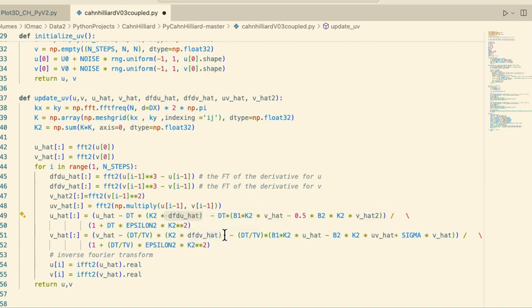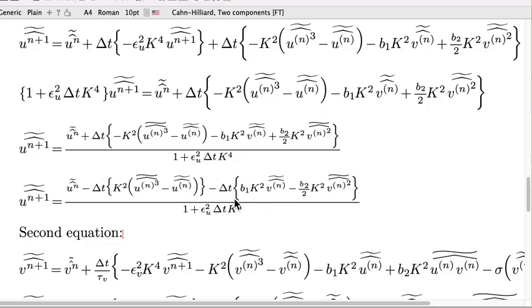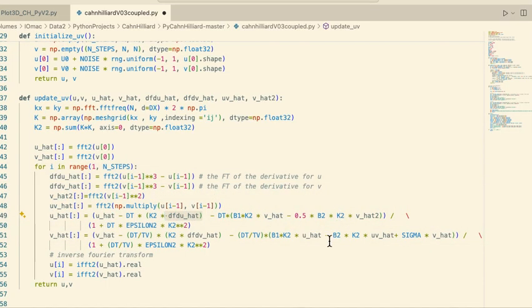The remaining part is dt multiplied by b1, this term here, and then another term, half b2 k squared b hat squared. And this is the upper part of the expression for u hat.